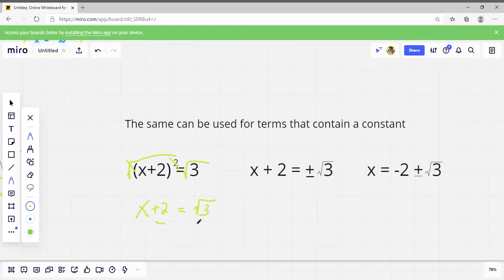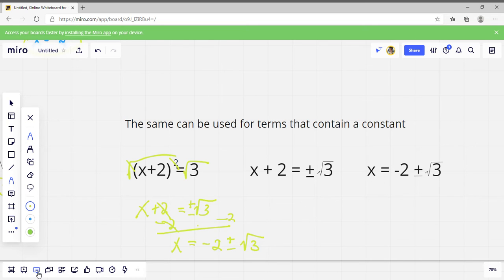Now we can subtract this 2 from both sides, and it would be the positive or negative square root of 3. Subtracting the 2, we get x equals negative 2 plus or minus the square root of 3. Okay, just like that.